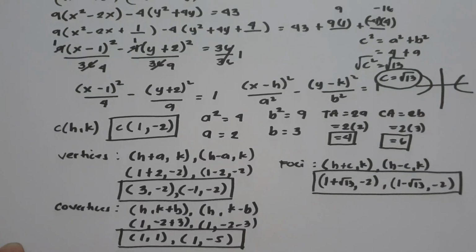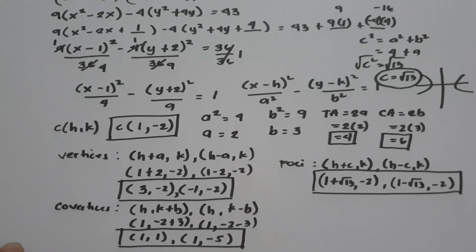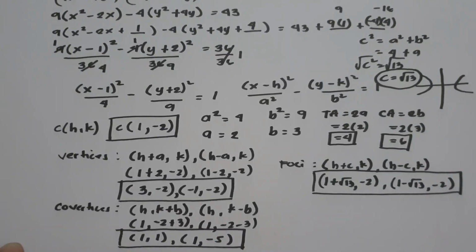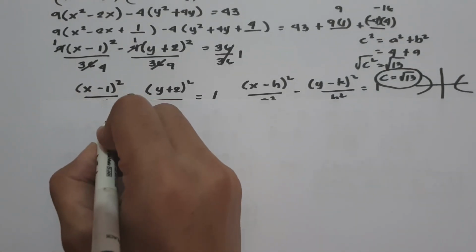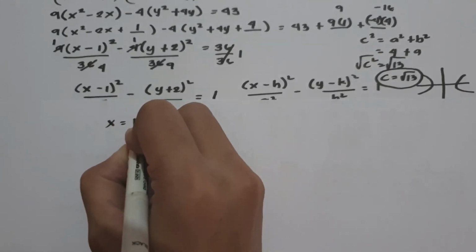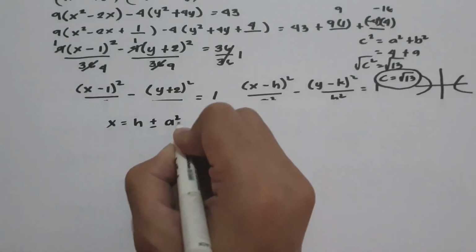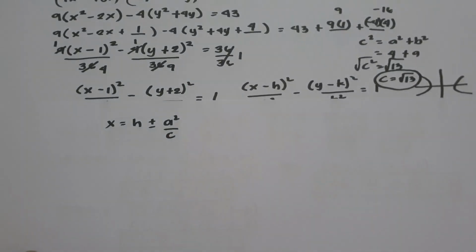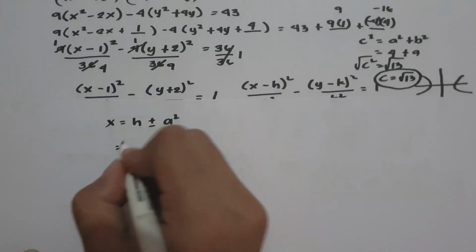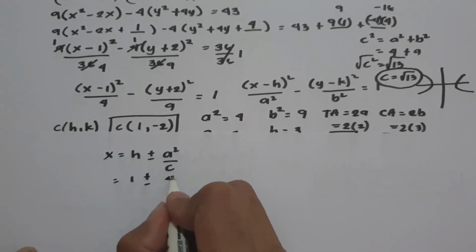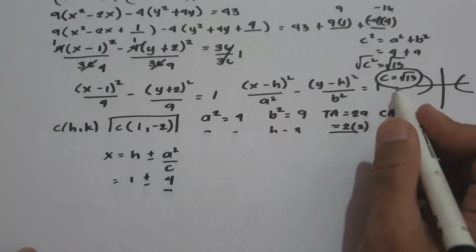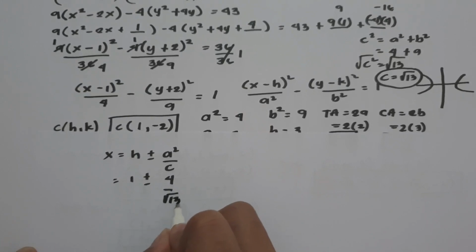And to determine the equation of our directrices, since our hyperbola is horizontally oriented, we are going to use the formula x equals h plus or minus a squared over c. So let us have h, that is 1, plus or minus a squared, that is 4, and the value of c, that is square root of 13.